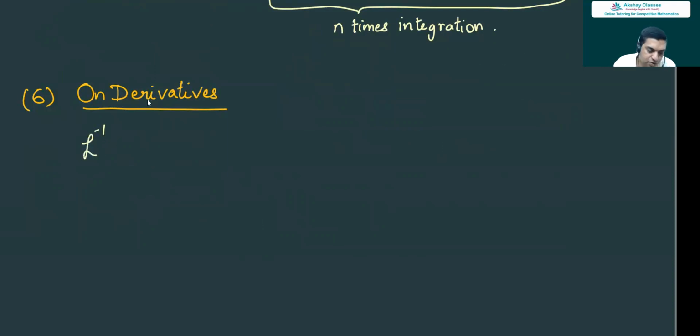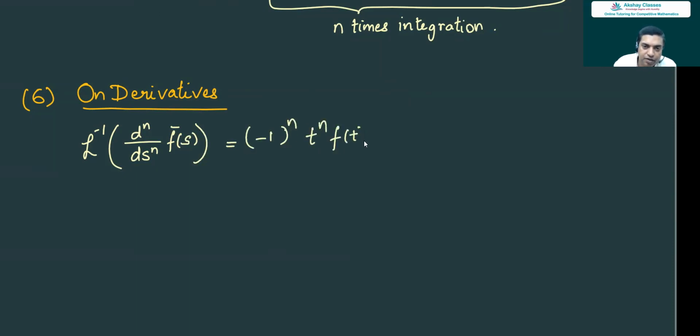So Laplace inverse of, okay, the nth derivative of the function. Oh, sorry, the nth derivative with respect to s. Laplace inverse of this is nothing but minus 1 to the power n, t power n, f of t.